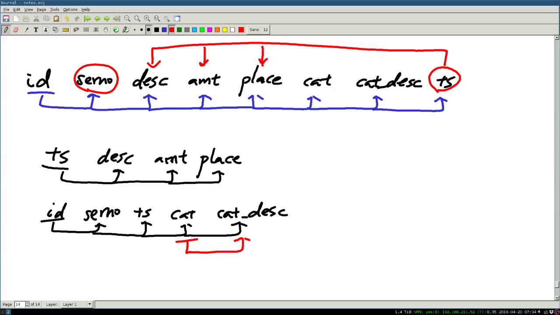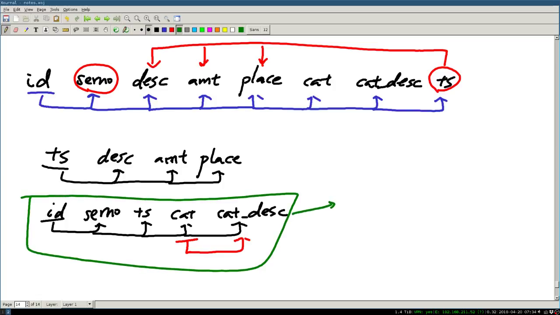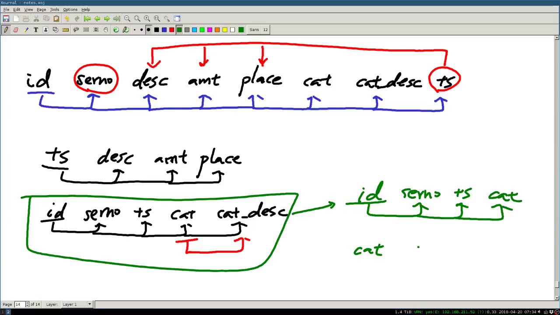So we further decompose this table into two tables: ID, serial number, timestamp, category, and category description. It's a standalone table. So this is the third normal form design.